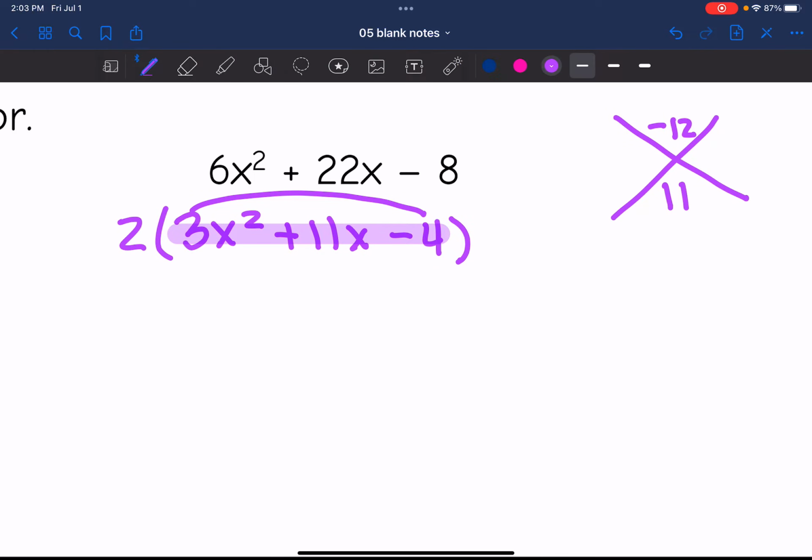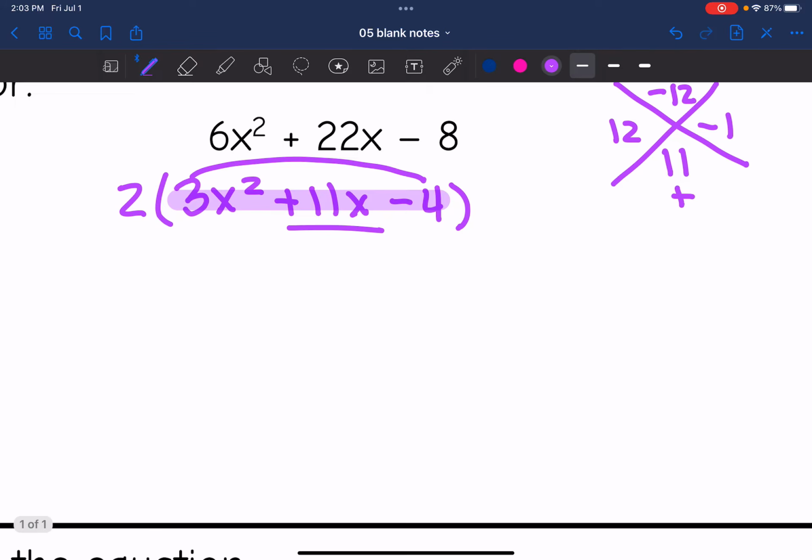So I believe that would be 12 and negative 1. 12 times negative 1 is negative 12, and 12 plus negative 1 is 11. So now I can split my 11x term up into 12x minus 1x. So I get 2 times 3x squared plus 12x minus 1x minus 4.